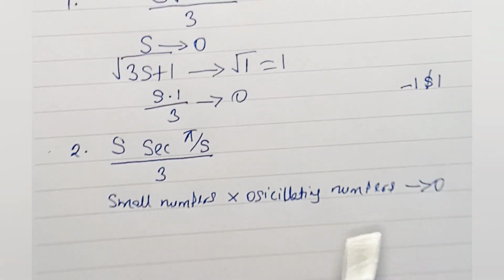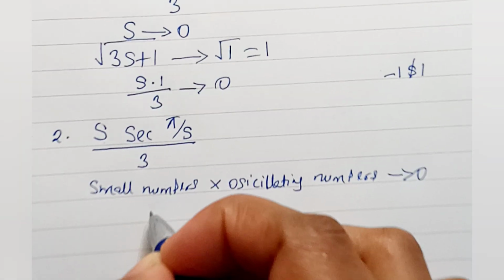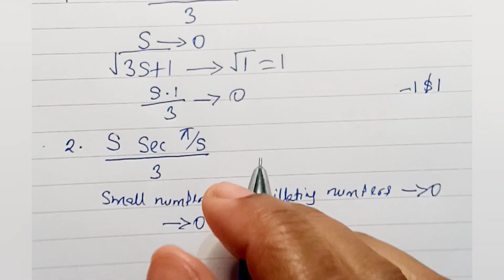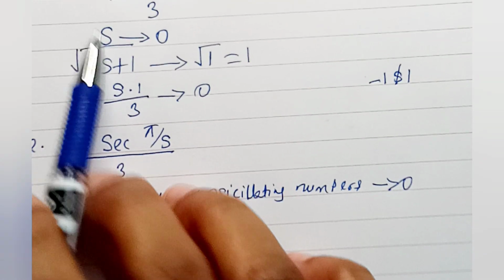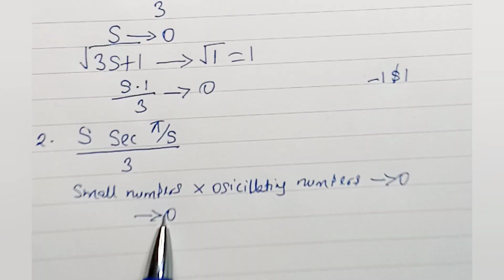So this term also tends to 0. So first term tends to 0 and second term also tends to 0.